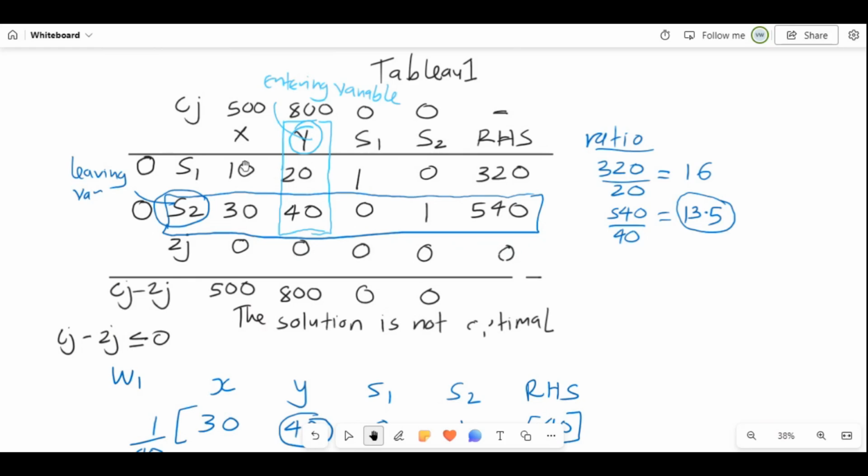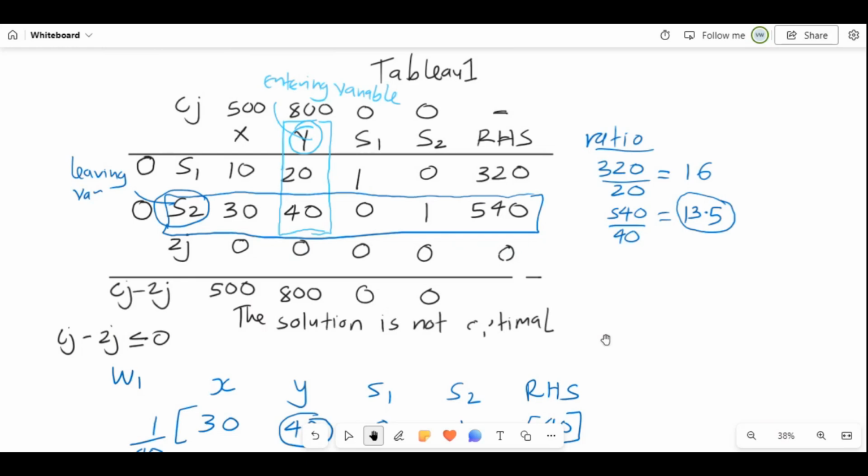So in that case, it means you'll make S1 0 and probably S3. But because it's only one, please note that everything else representing the constraint could have been made to be 0. So for us to make this 20 to be 0, we've said that we use the official pivot row as the basis of making it to be 0.